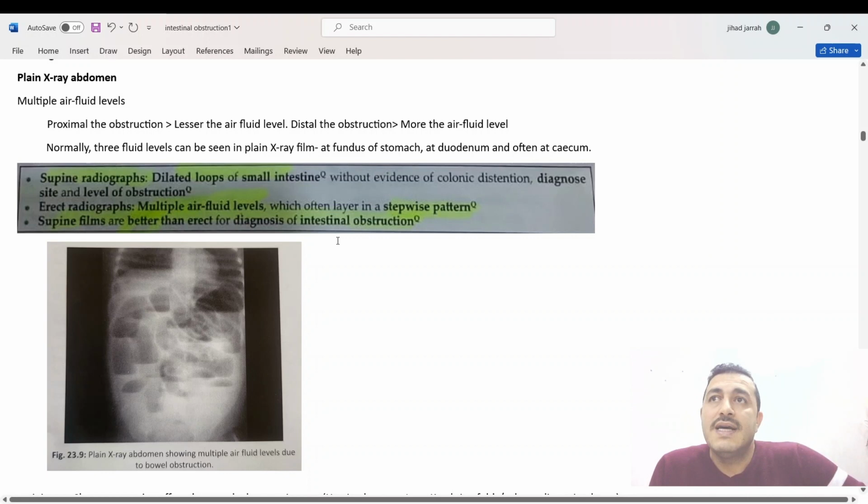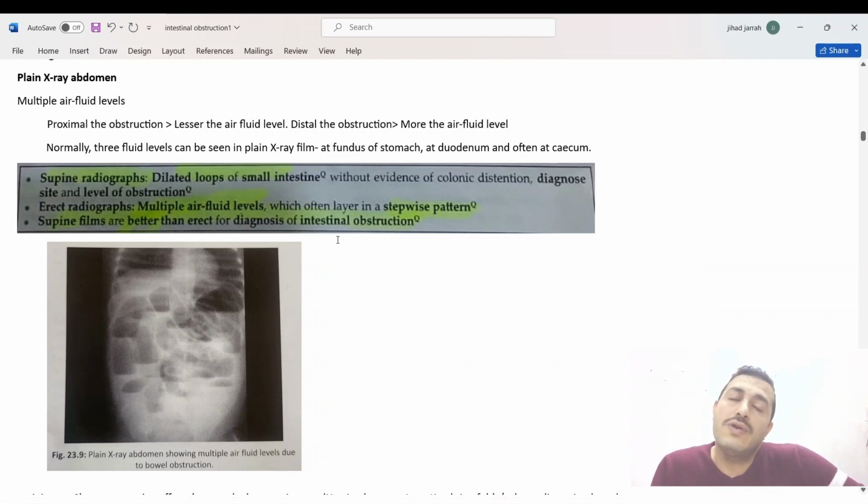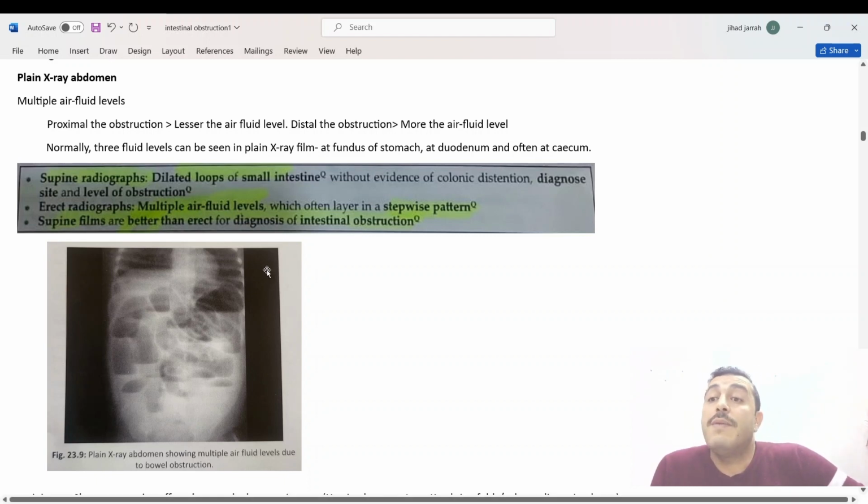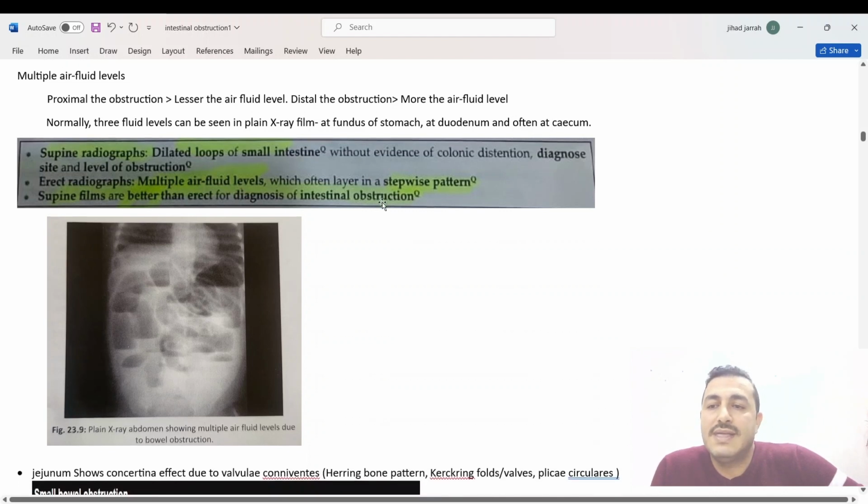It's difficult, but some literature says up to 3 is normal, and the more air fluid levels, the more severe the obstruction. Also, the more proximal the obstruction, the fewer the air fluid levels; the more distal the obstruction, the more air fluid levels. Normally 3 fluid levels are seen: in the fundus of the stomach, the duodenum, and the cecum.